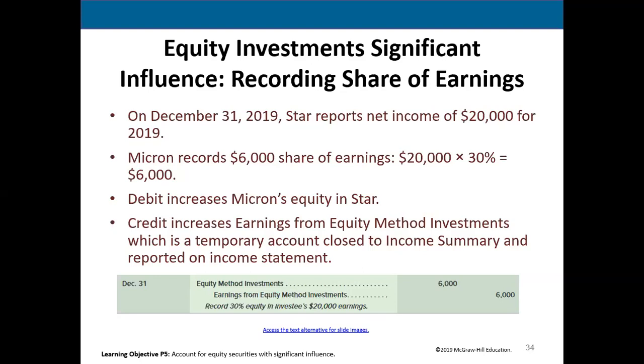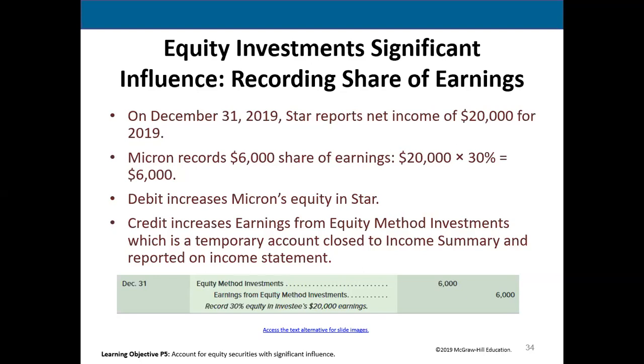How much? $6,000 of it. On the day that STAR reports this, Micron grabs their journal, debits their investment account, that stock equity method investment account, for their portion of the net income, or 30% of the $20,000, $6,000.